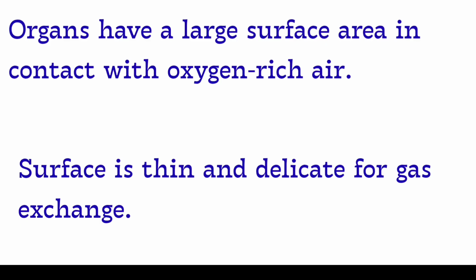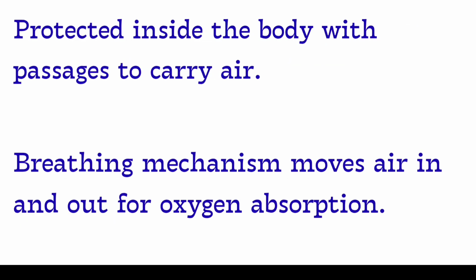This surface, however, is extremely thin and delicate because the exchange of oxygen and carbon dioxide happens here. To protect it, nature has placed it safely inside the body. Passages within the body carry air to this area, and a breathing mechanism moves the air in and out, ensuring that oxygen is absorbed and carbon dioxide is removed.